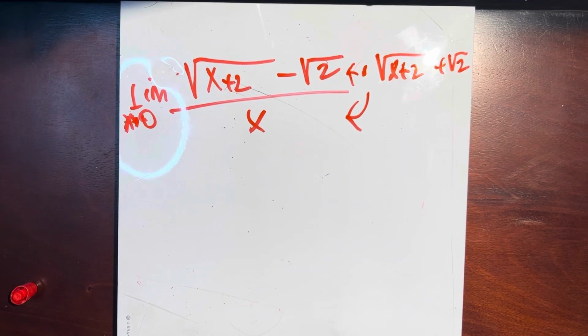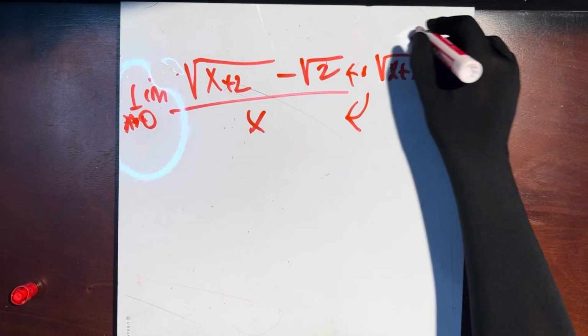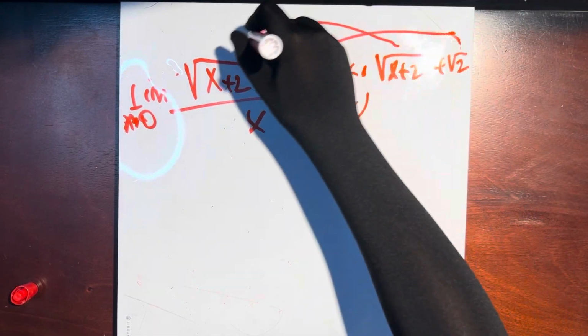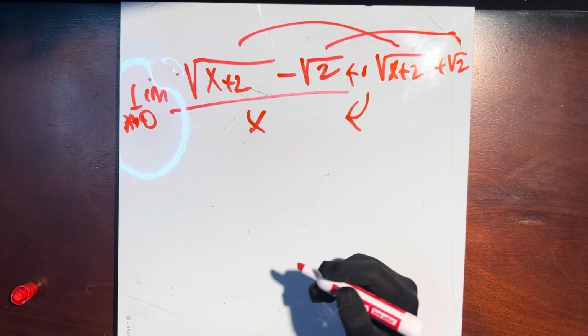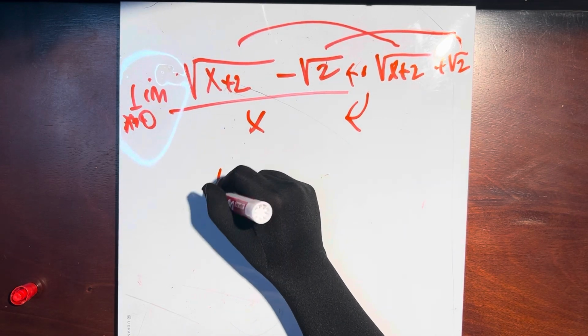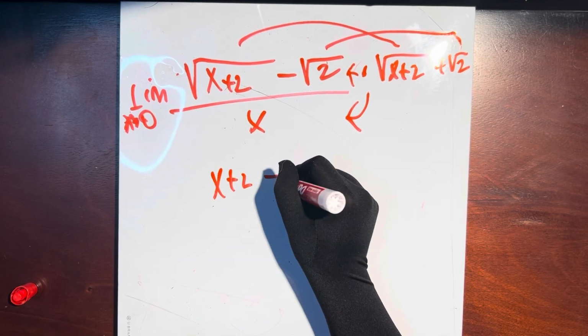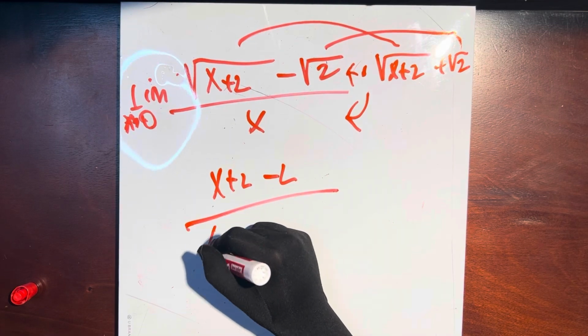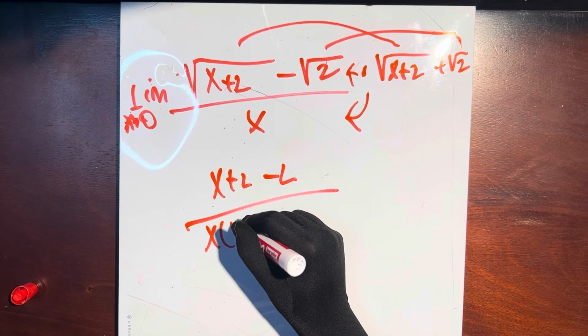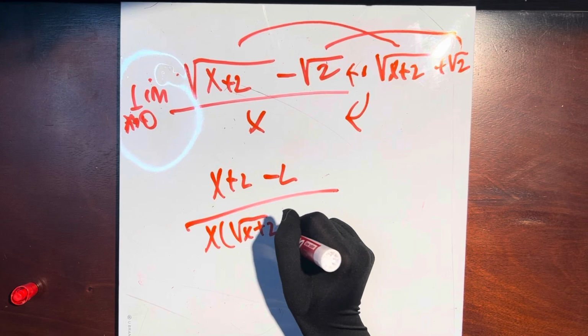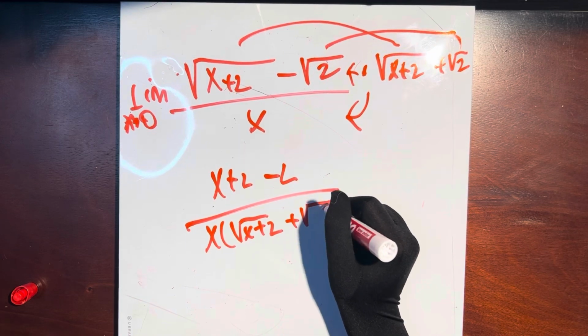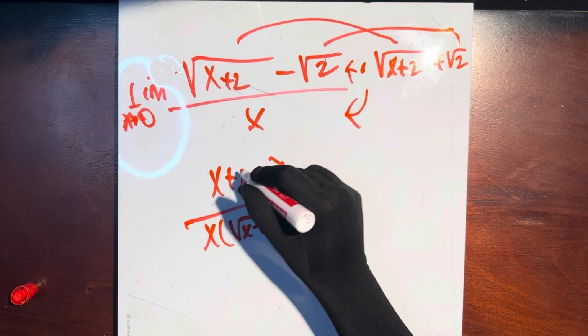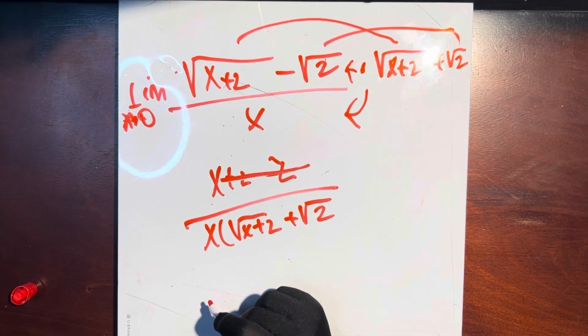You multiply this one by it and this one by it, and you get x plus 2 minus 2 over x times the square root of x plus 2 plus the square root of 2. These 2s cross out. Yay!